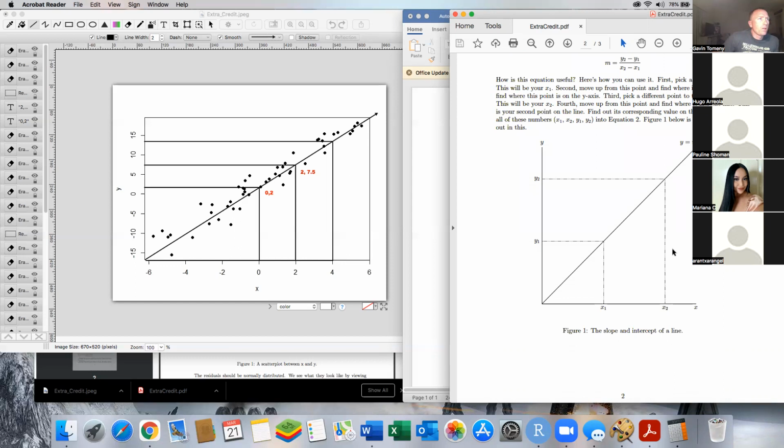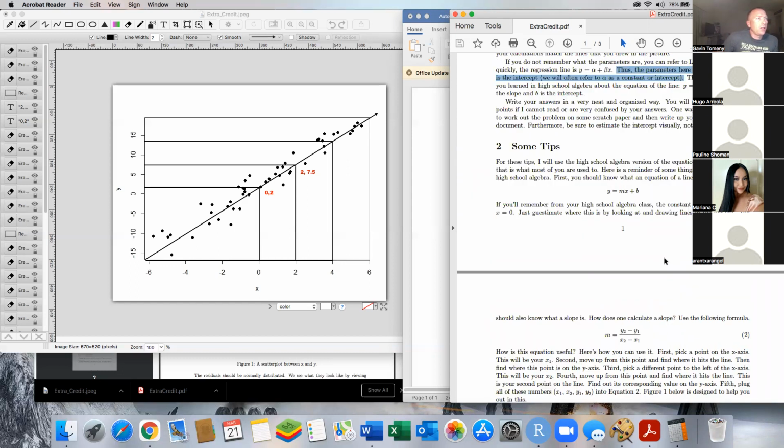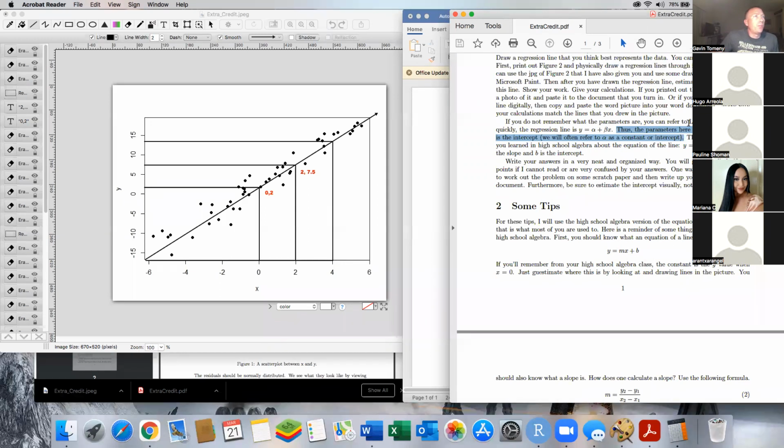You could use the mx plus b pattern if that is what you're used to, but your answer should be beta is the slope and alpha is the intercept.